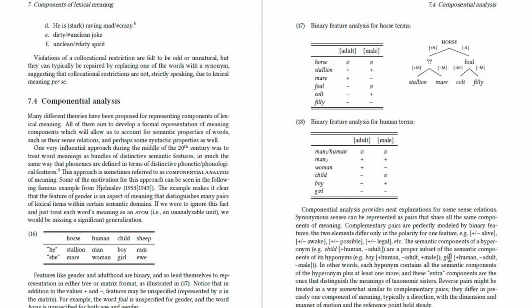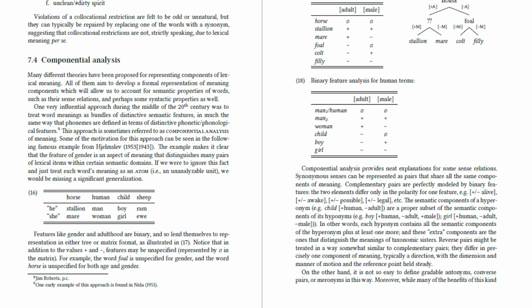Like the word girl, you have to tell me for semantic components or semantic features plus human, minus adult, minus male. So that's how you will answer the questions of componential analysis. I give you the word like boy or child, like this child, you will tell me plus human minus adult, and that's it. You cannot give extra information, and here they say this is called hyponyms or hypernyms.